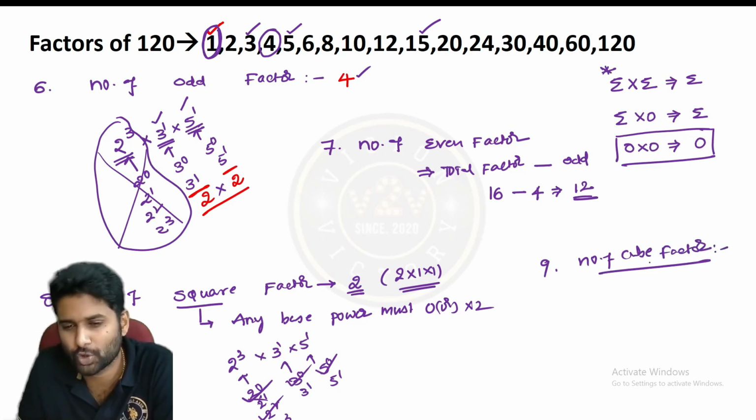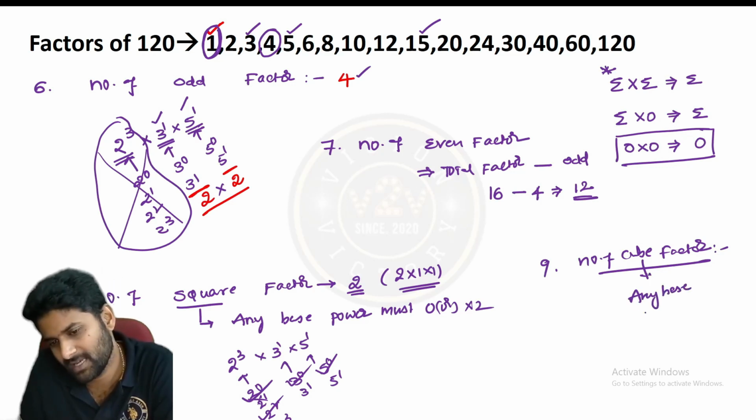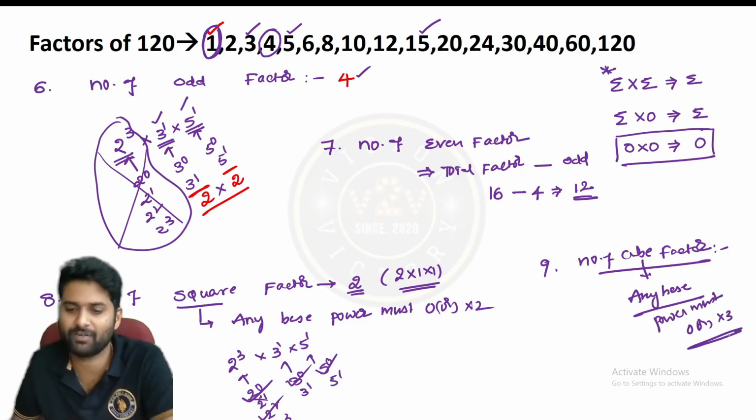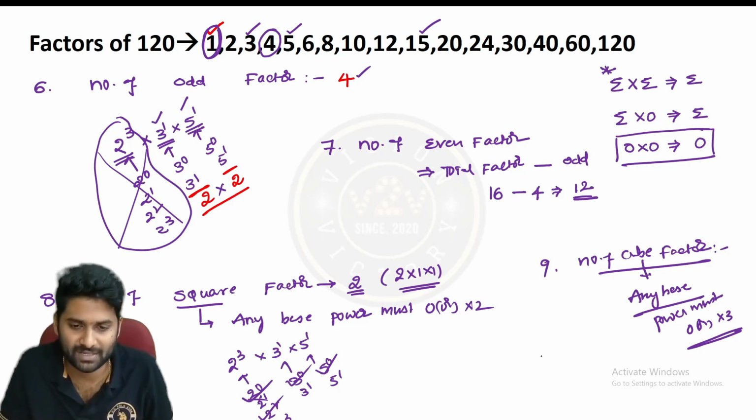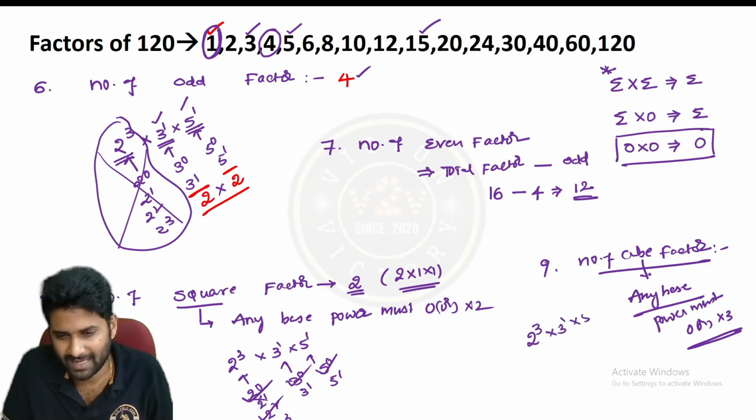Guys, same definition. Cube factors means any base, but power must be 0 or multiples of 3. Those numbers are always called cube numbers. Same here. So just calculate in this way.